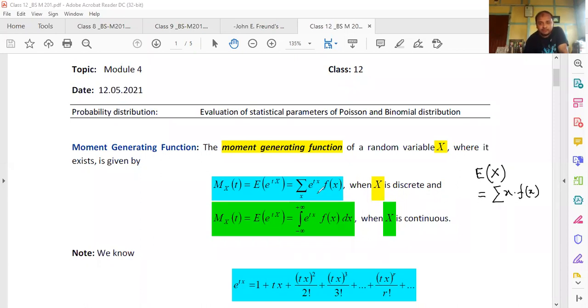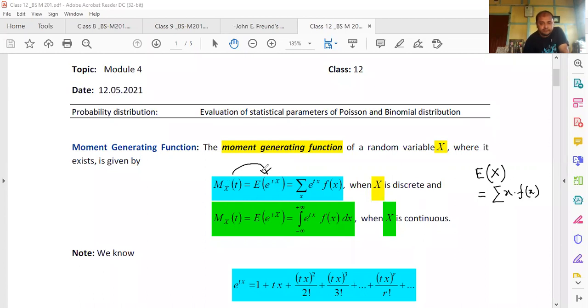Try to correlate the definition. This happens when X is discrete, and the summation is replaced by integration when X is continuous. So this term, the expectation of e to the power tX, is denoted by the notation M_X(t). It is just a notation.